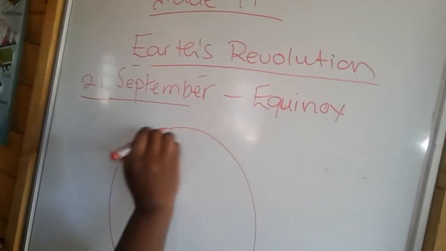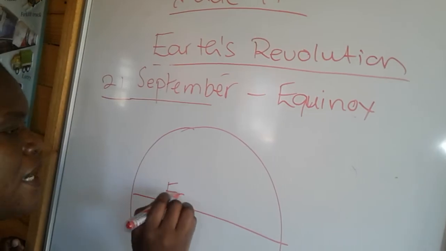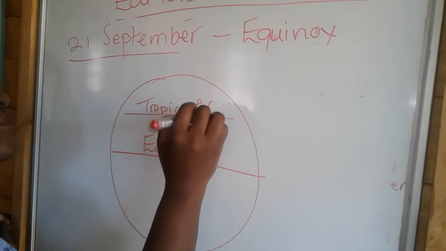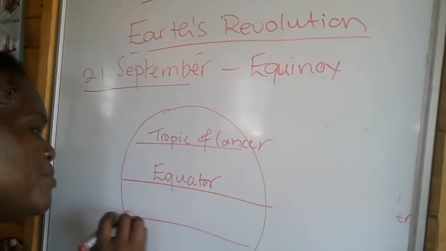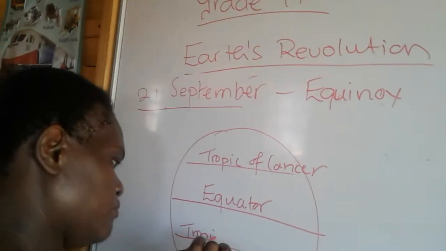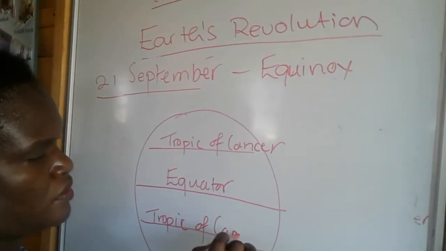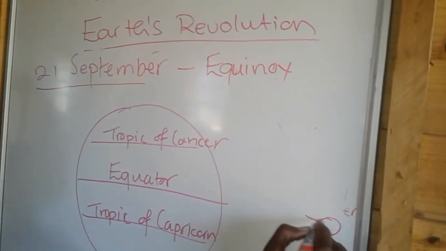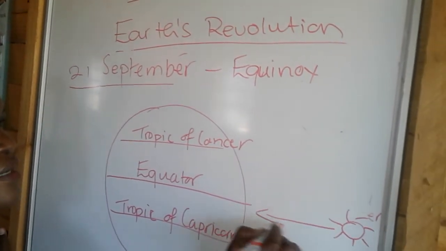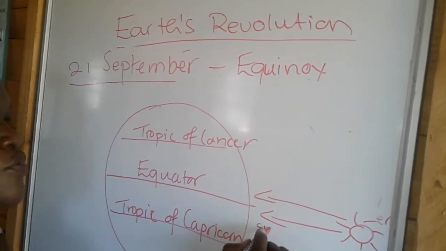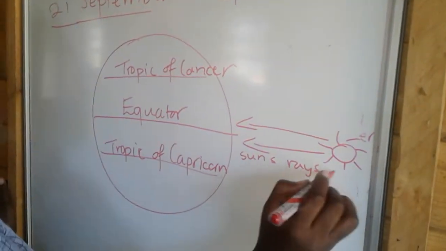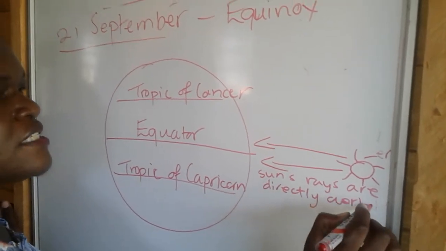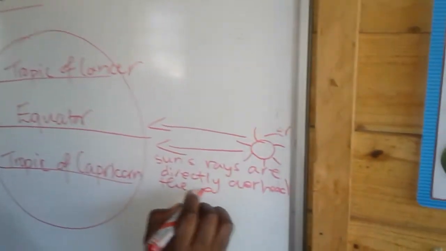The earth, our tropics, the equator, Tropic of Cancer, we have our Tropic of Capricorn. Our earth is now revolving, and as it revolves here, the second equinox again, sun's rays are directly overhead the equator.